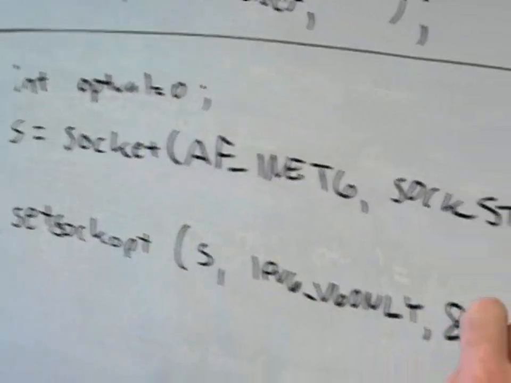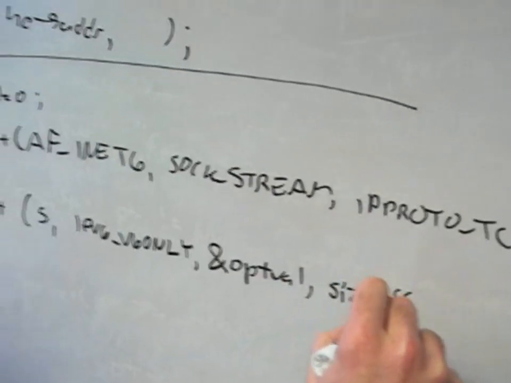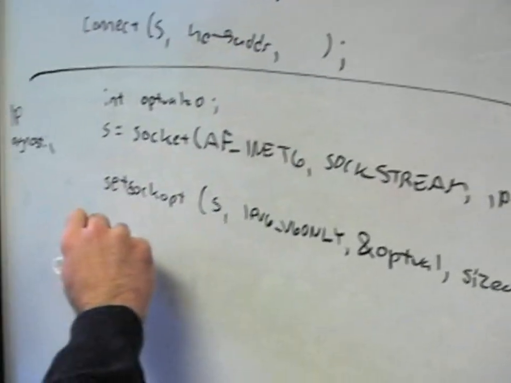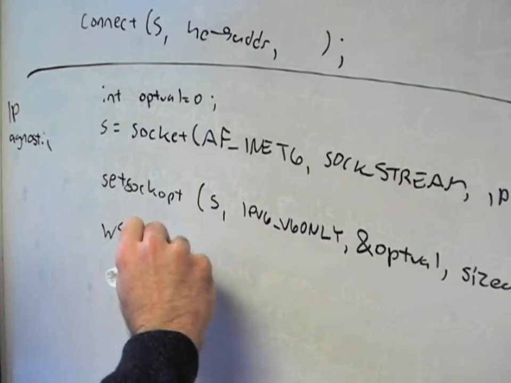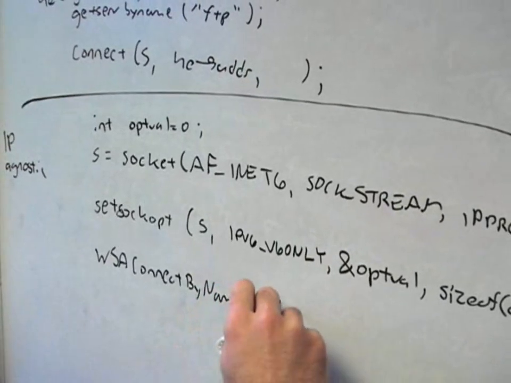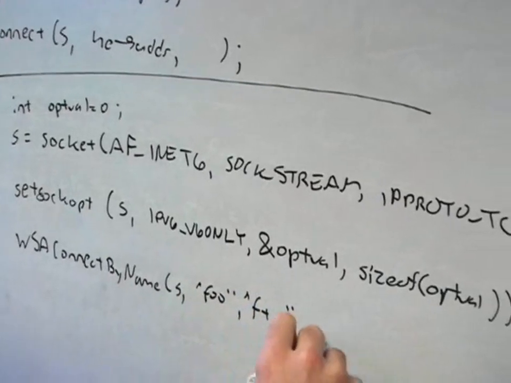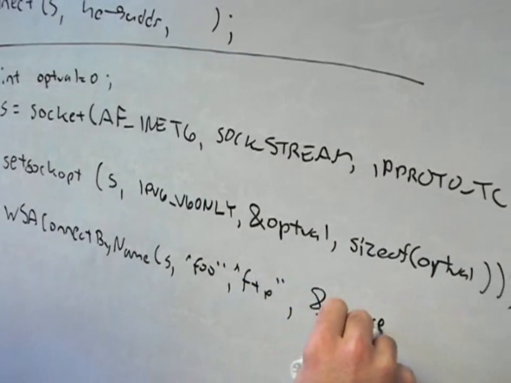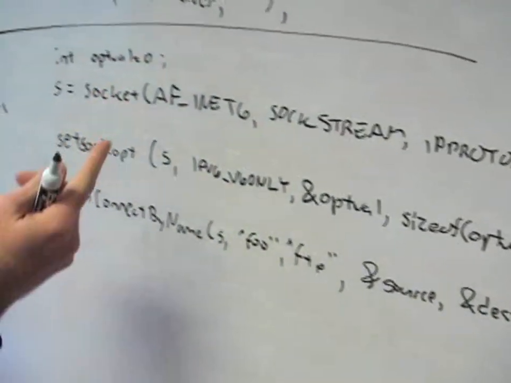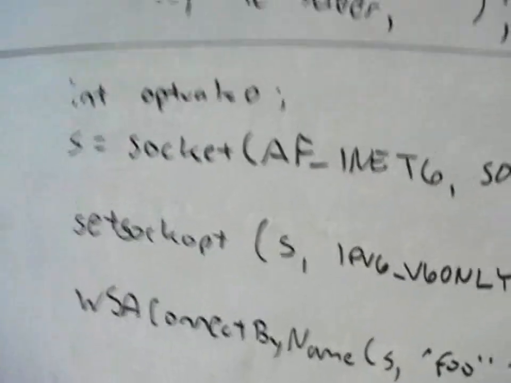So we're going to set IPv6 only to false or 0. And then you just call connect by name. So you just create the socket, set the socket option to false, and then connect by name replaces the code that we had there before.